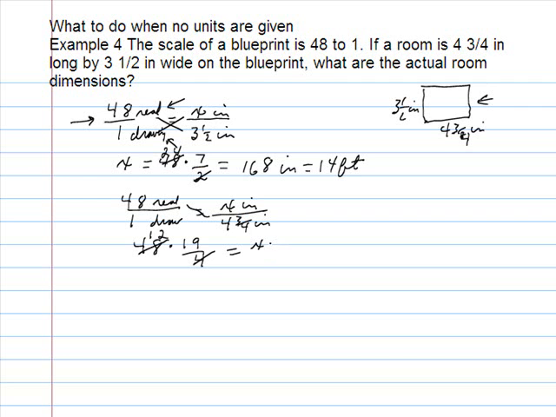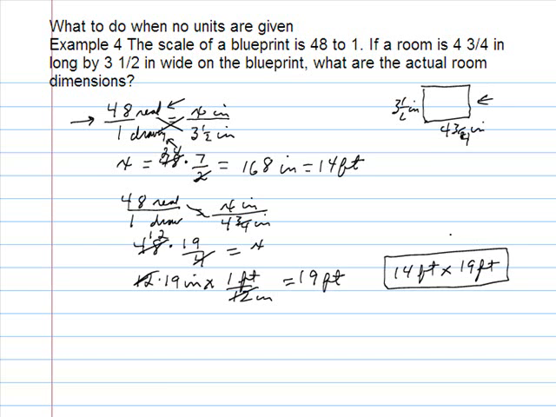Okay, let's just leave it like that. 12 times 19 inches is x, and if I wanted to change that to feet, I'd take 12 times 19 inches. Using my conversion factors, I'd multiply it by 1 foot per 12 inches, and the 12s would cancel, and so I would get 19 feet. So the room that we are looking at would be 14 feet in width by 19 feet in length.